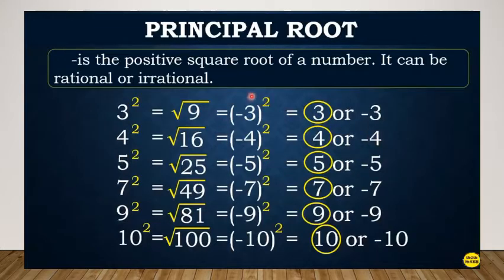Pero kung ang hinahanap lang po ay principal root, that is referring to the positive square root. So, ito lang po siya, yung mga positive. Okay? And these numbers can be rational or irrational. That's why yung mga square root o principal root ng ating perfect square numbers are rational numbers. So, kapag ang binigay sa inyo ay perfect square, ang square root po nun ay rational numbers.